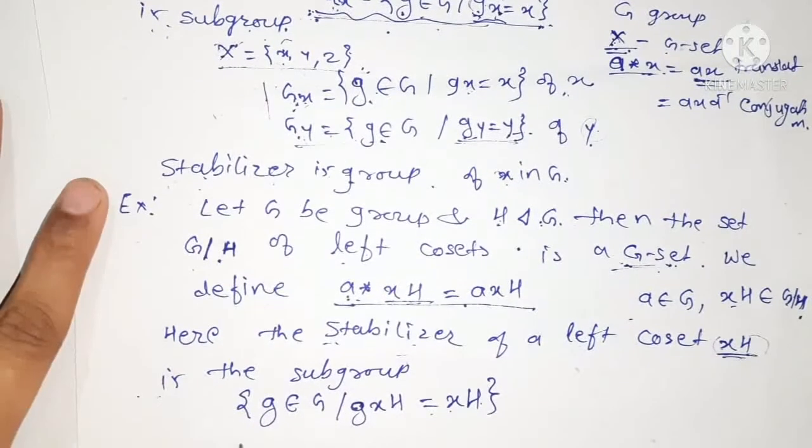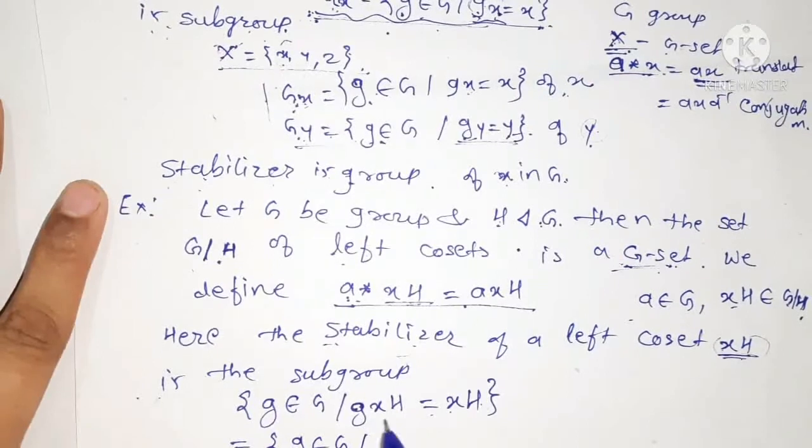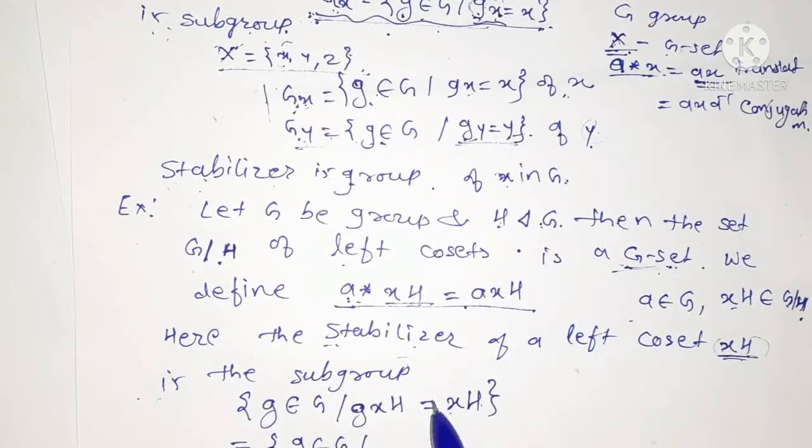So this set is equal to the set of all elements g of G such that gxH = xH. Now we can multiply by x inverse.